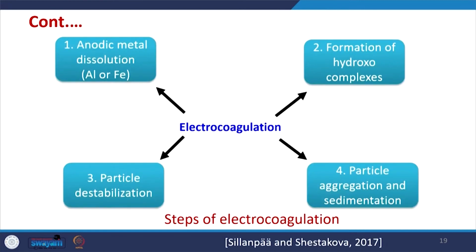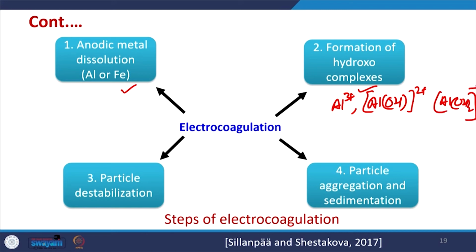In electrocoagulation, we have anodic metal dissolution, which is one thing happening, and also formation of hydroxo complexes. We have already said that we have the possibility of Al3 plus, Al(OH) 2 plus overall, and similarly Al(OH)2 plus overall.